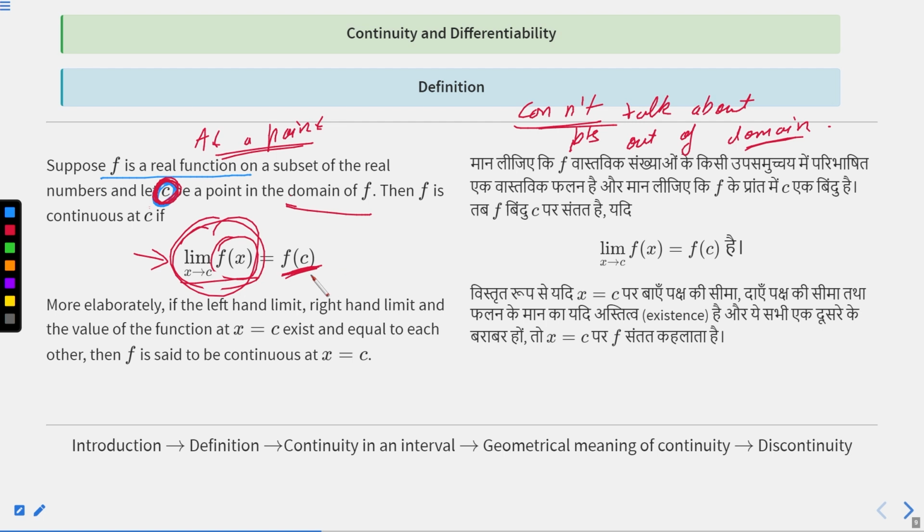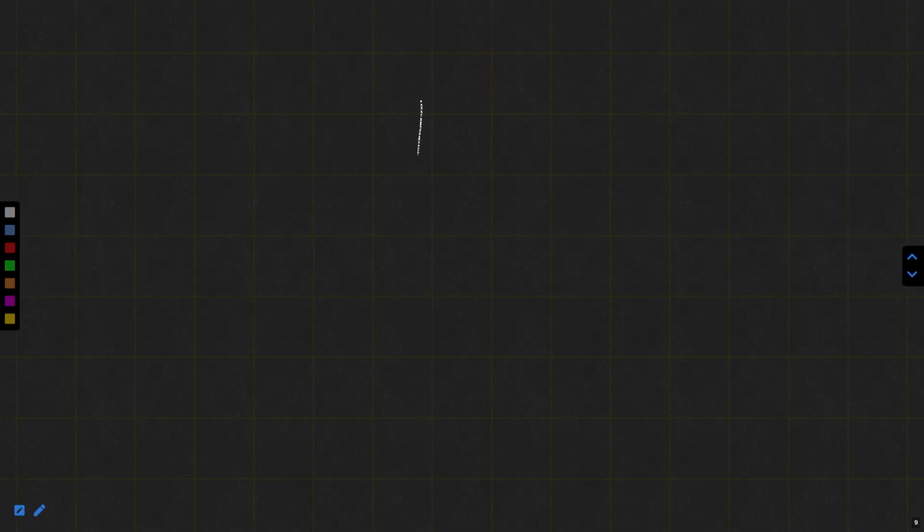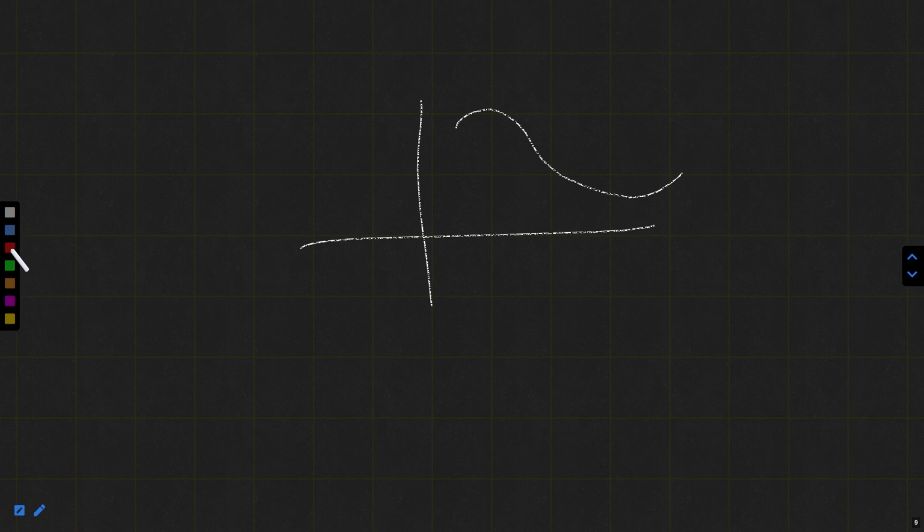If this limit is equal to that value, then you can say your function is continuous at that point. We are talking about a point. And x tends to c means we are approaching from the left and also from the right. For example, suppose you have a graph like this function.